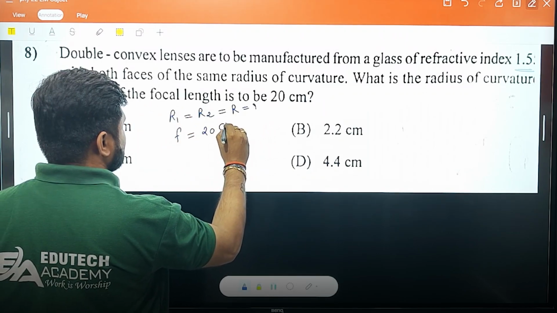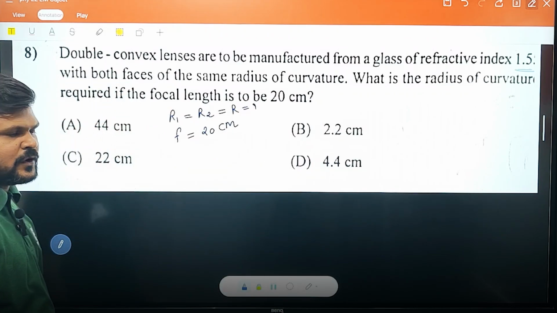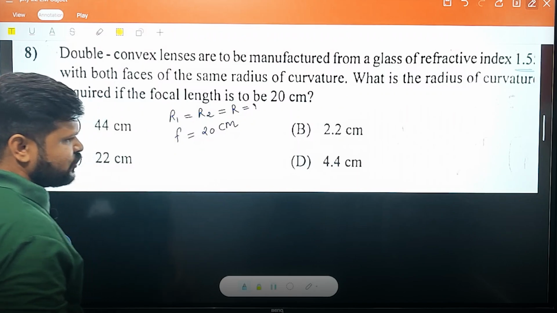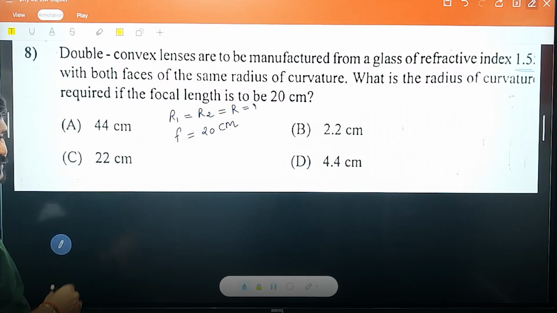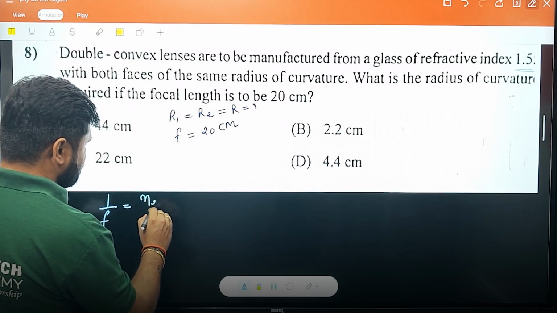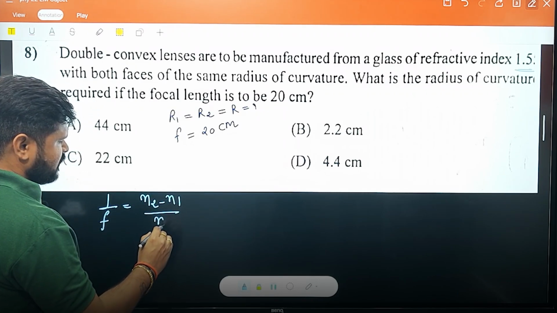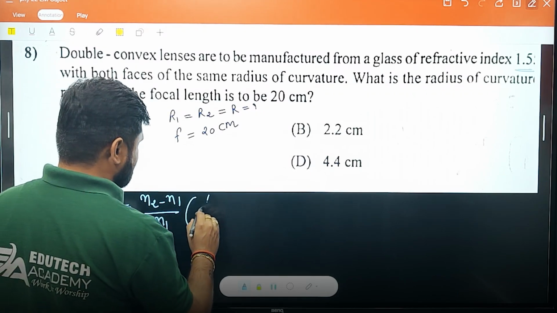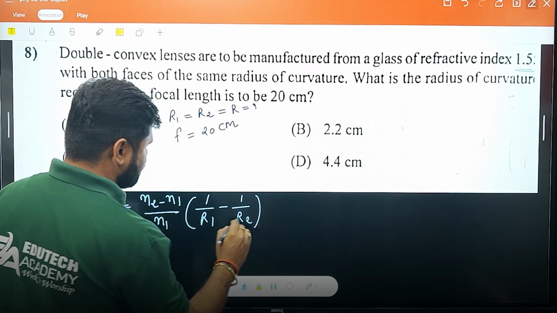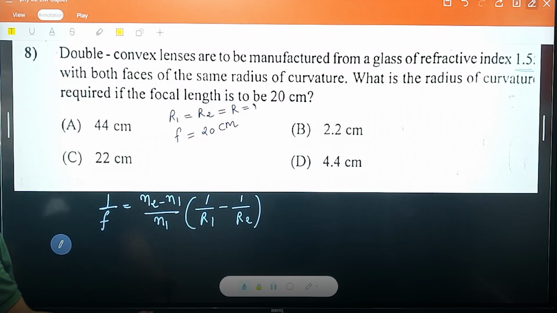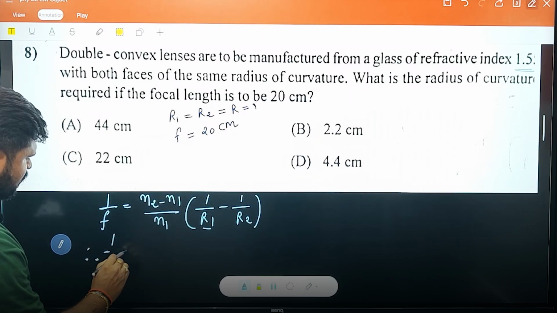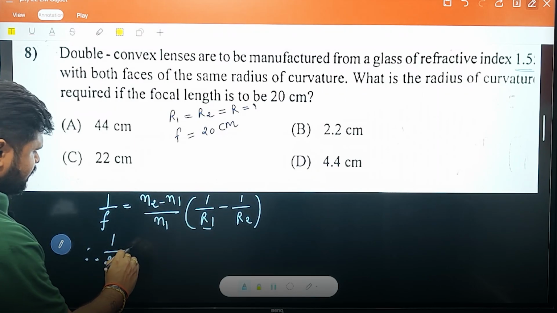This is again an exercise numerical from chapter number 9. To solve this numerical, we will just use the lens formula, the lens maker's formula. That is 1 upon f is equal to n2 minus n1 upon n1 in bracket 1 upon r1 minus 1 upon r2. Here we will place all the values. 1 upon f is 1 upon 20.